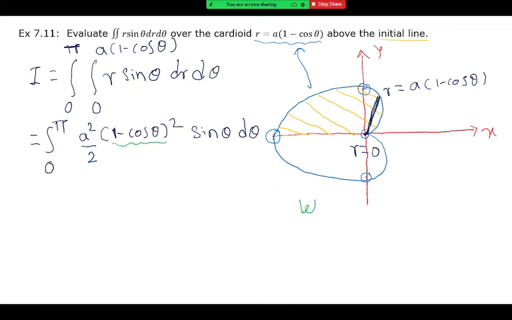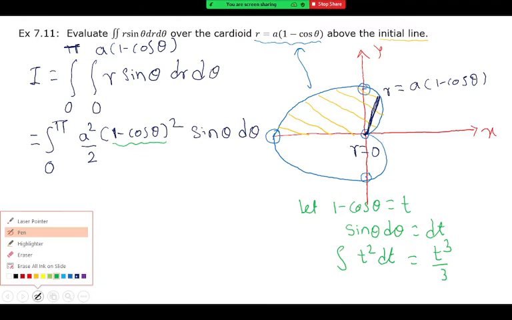If we put 1 minus cos theta as t, we get sin theta d theta as dt. So you will observe that the integral comes as t square dt only. And the integral of t square dt is t cube by 3. Resubstitute the value of t there.